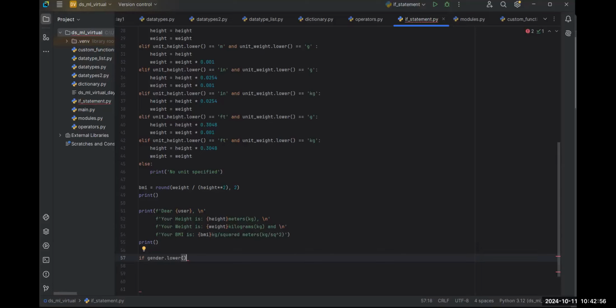If gender dot lower is equal to male, we are working for male now. Okay, what should it do?